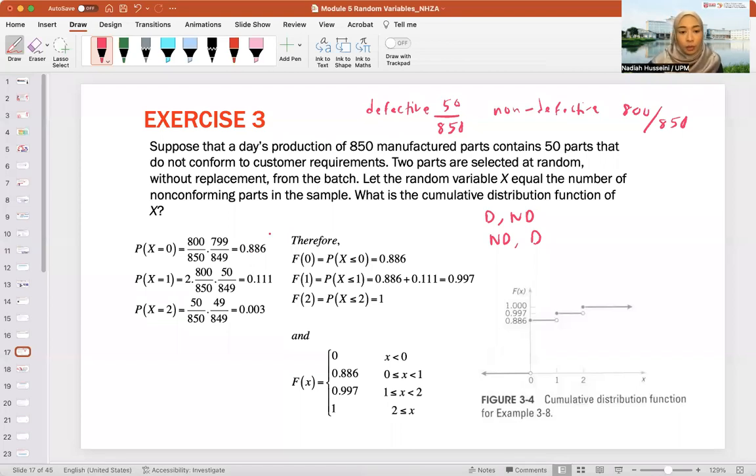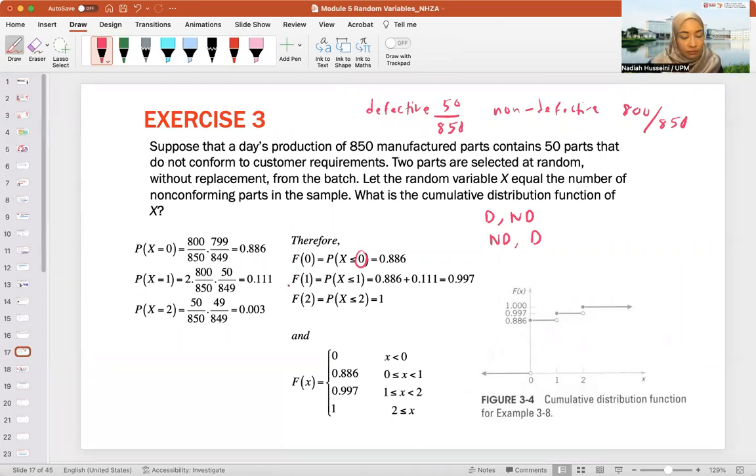So we want to find out what is the cumulative distribution function. Now, what is cumulative distribution function? It is actually the probability that your variable is equal to a certain number and the numbers before that. For example, your F in bracket 0 means the probability that x is equal to 0 or anything before that.